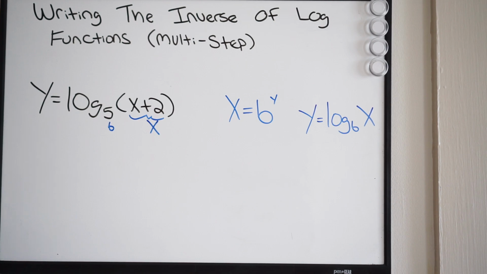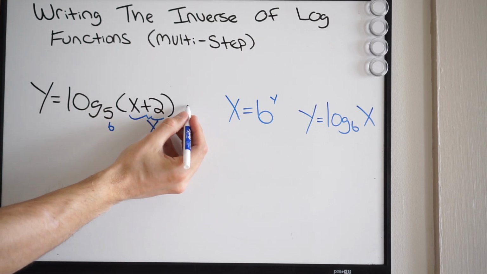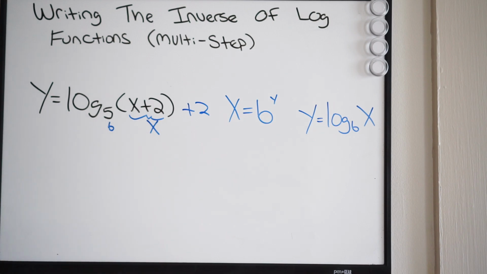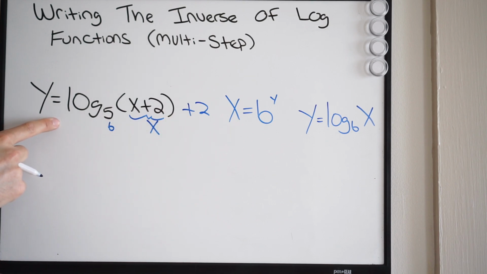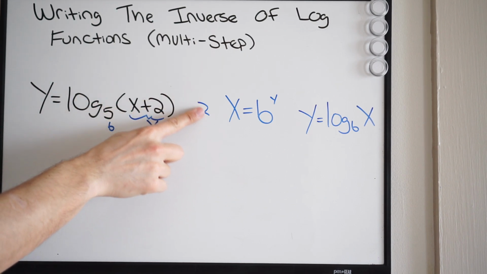If it wasn't isolated like this, so for example, if I had plus 2 on the end here, I couldn't go ahead and put this into its exponential form. I would first have to subtract this 2, okay? And then I can put it in its exponential form because the log function is now isolated. All right, and we'll do an example like that after this one, but let's focus on this one right here.